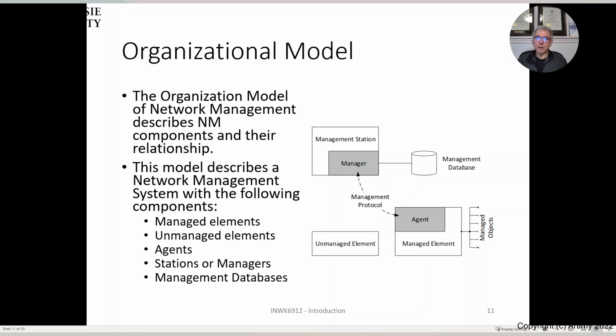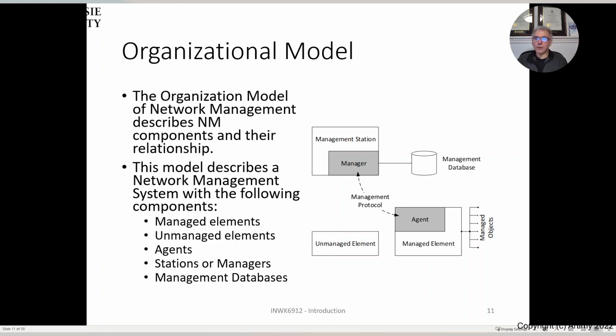These are any device that does not support this model. They could be routers and switches as well, right? But if the router and switch does not support this model and supports something else, or cannot be managed at all, then we call them unmanaged element, right?